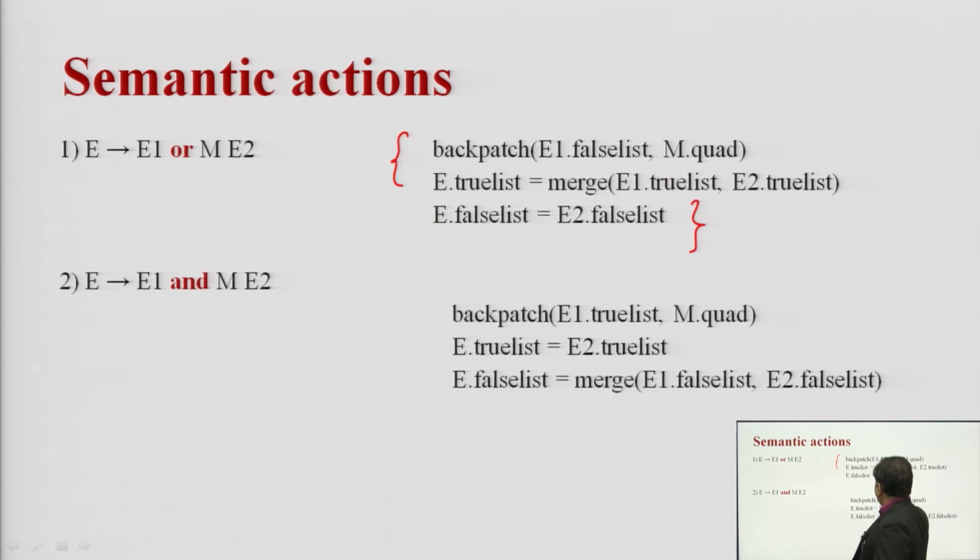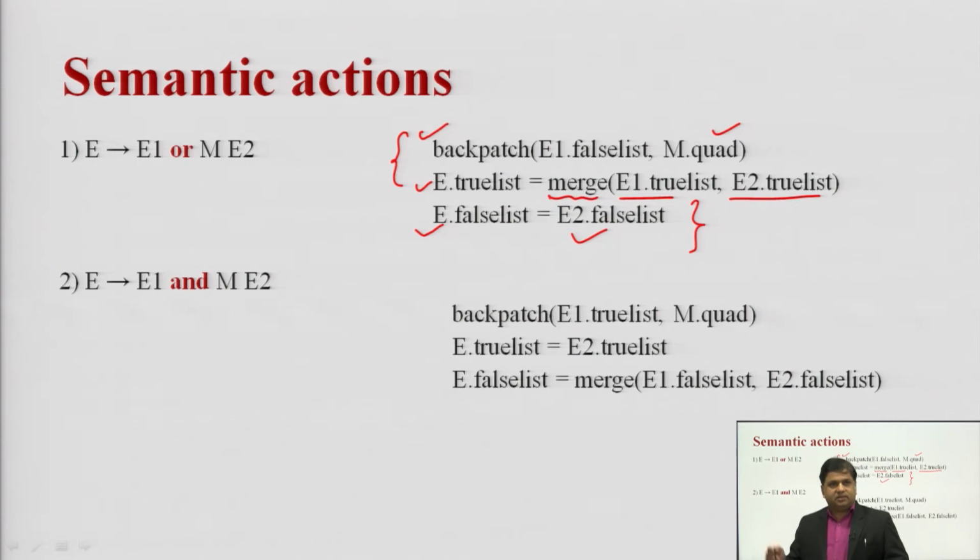I start with the backpatch E1.falselist, M.quad, and E.truelist will contain the merging of E1.truelist and E2.truelist. E.falselist will contain only E2.falselist. I will clear it with the help of an example. You just have to learn these semantic actions.